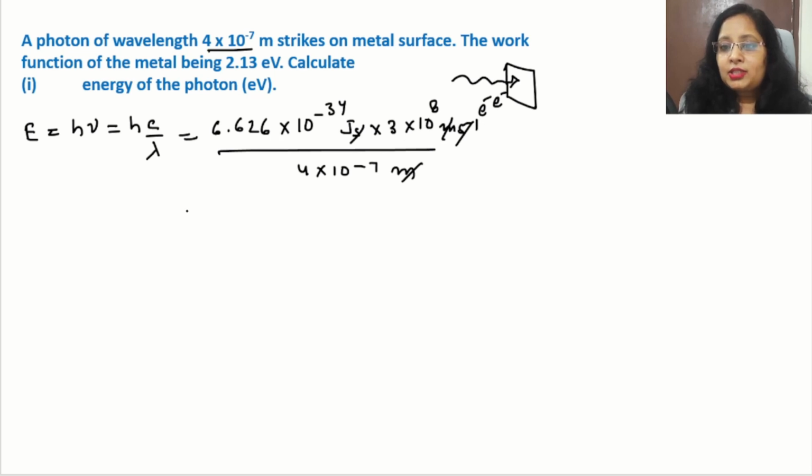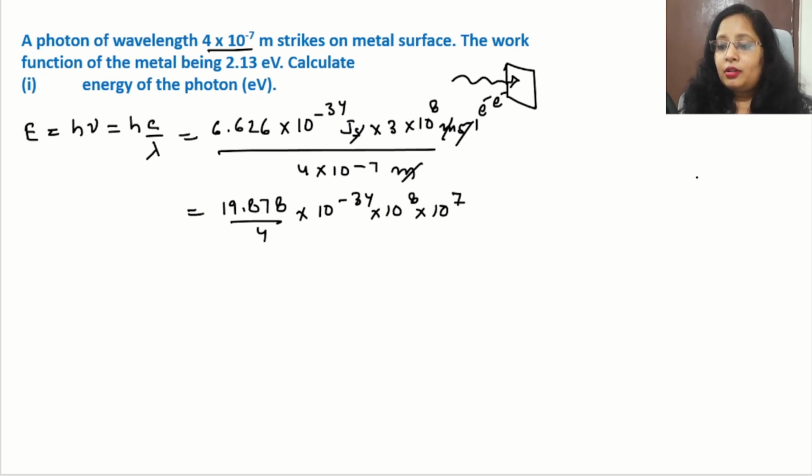We'll multiply 6.626 with 3, and we will get the value 19.878 divided by 4. Now taking all the powers, 10 to the power minus 34 into 10 to the power 8 into 10 to the power minus 7, where the minus 7 from the denominator will go up and turn to 7.